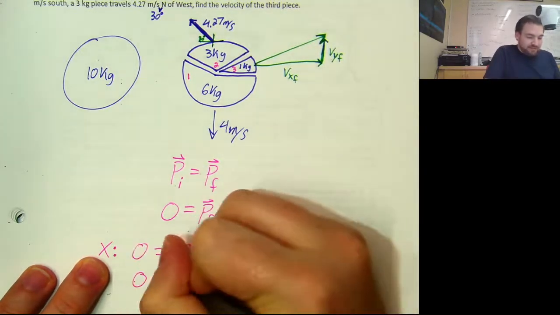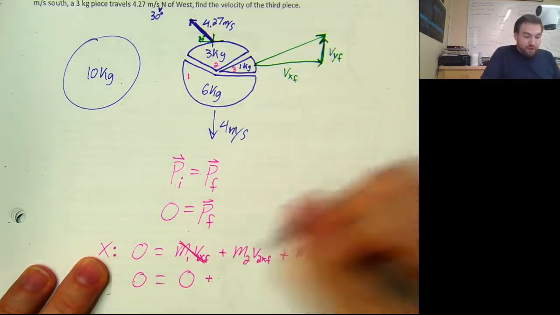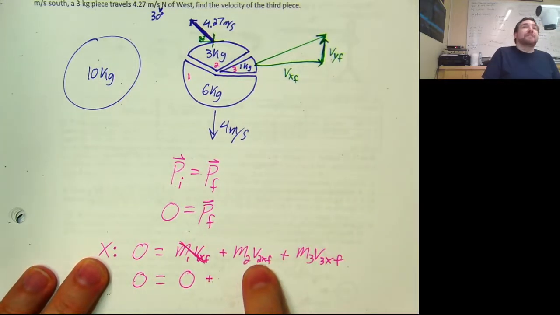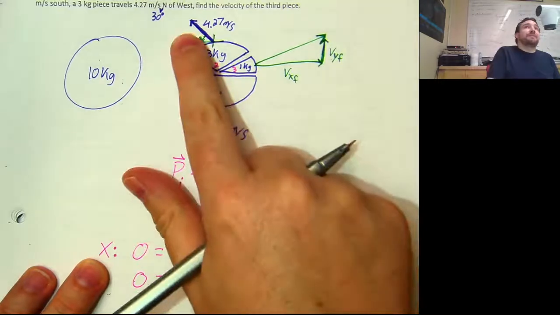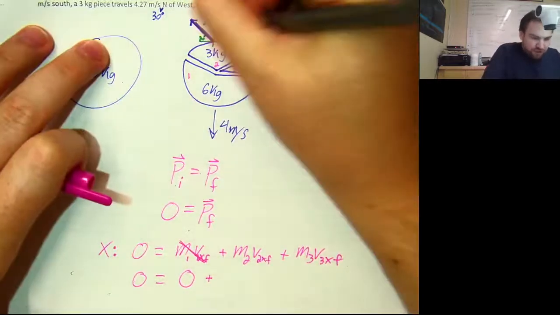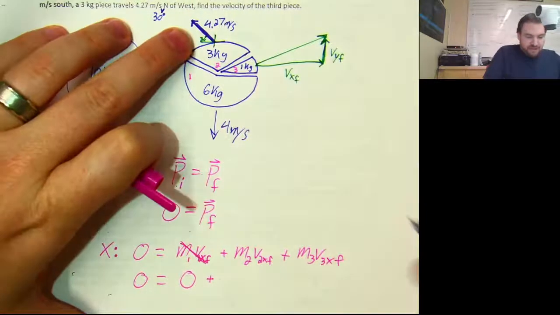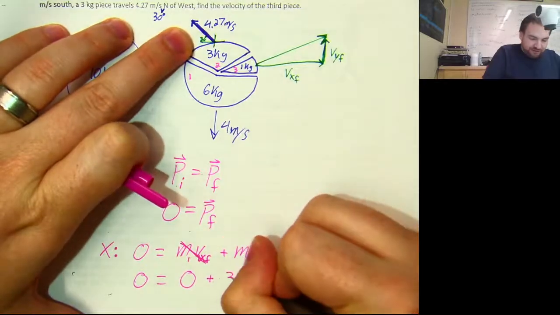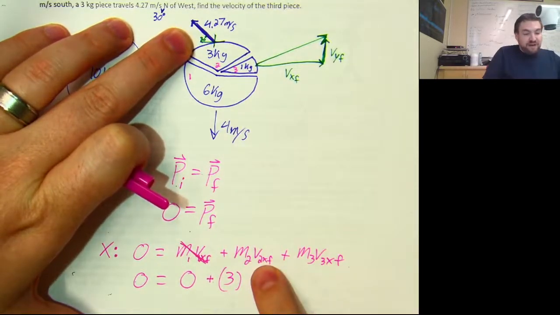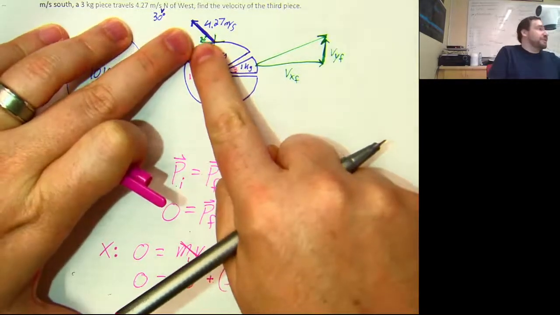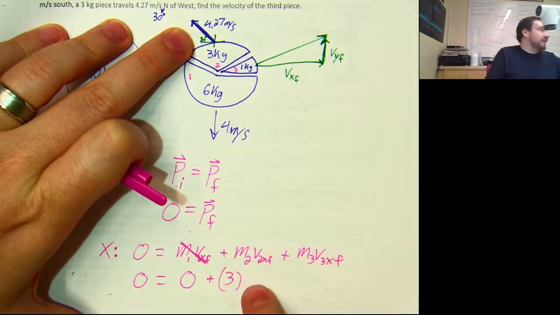You like that? We don't have v2x final because we haven't broken this thing up into components yet. We go back and look at our picture. Mass 2 is the 3 kilogram mass. For v2x final, I could break it up here using trig, or I could just use the trig expressions in my momentum equation. It ultimately doesn't matter.